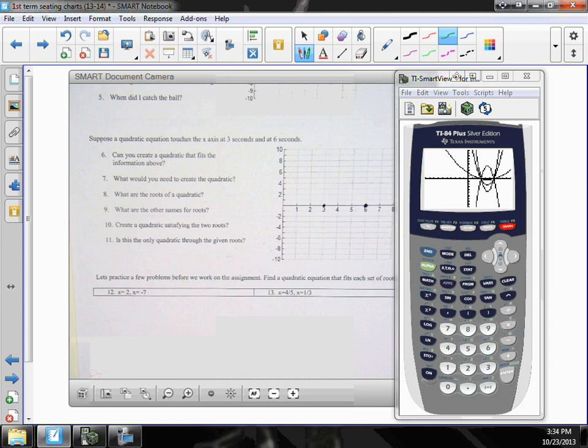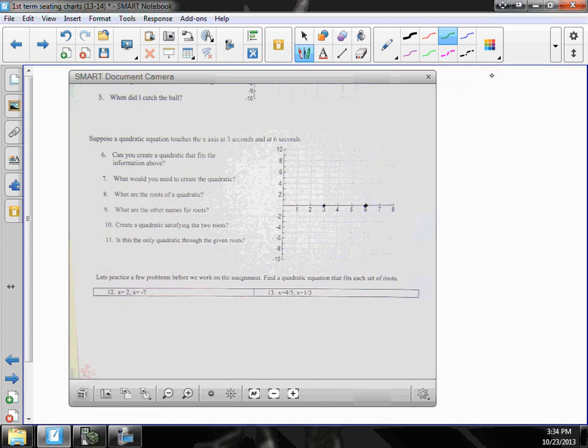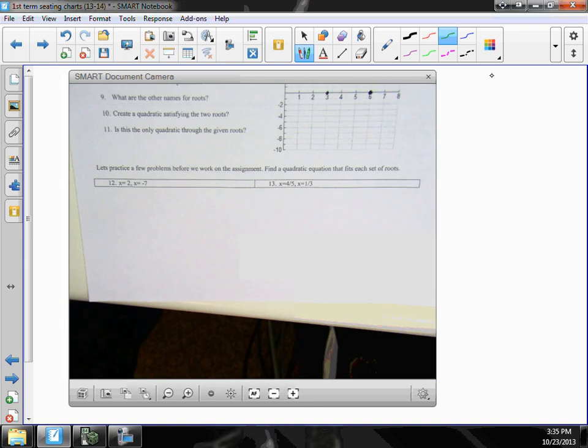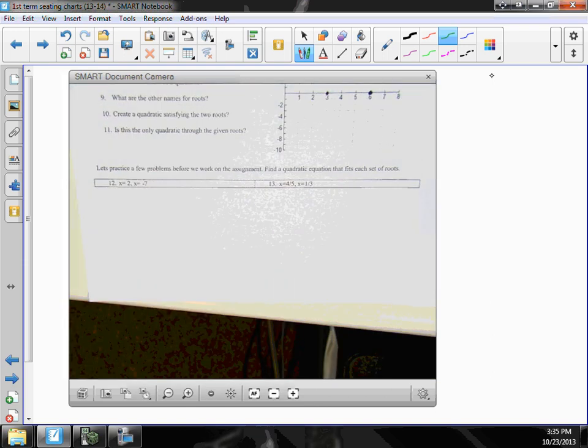All right, so number 12. Let's practice a few problems before we work on the assignment. So for number 12, I want to create a quadratic that hits 2 and negative 7. So I need to write down the roots. X equals 2 and x equals negative 7.